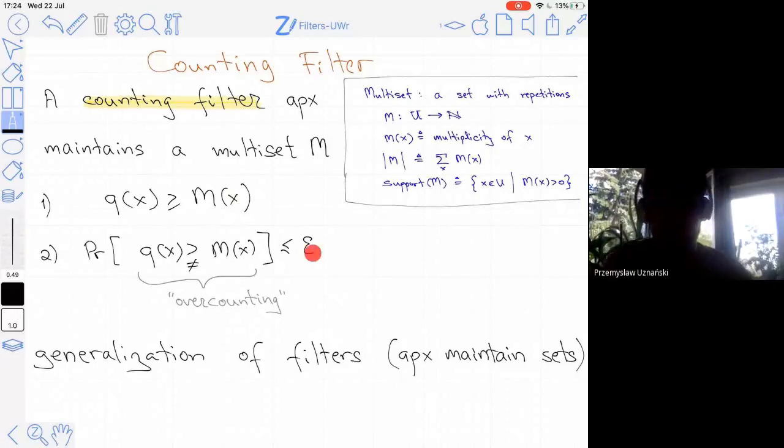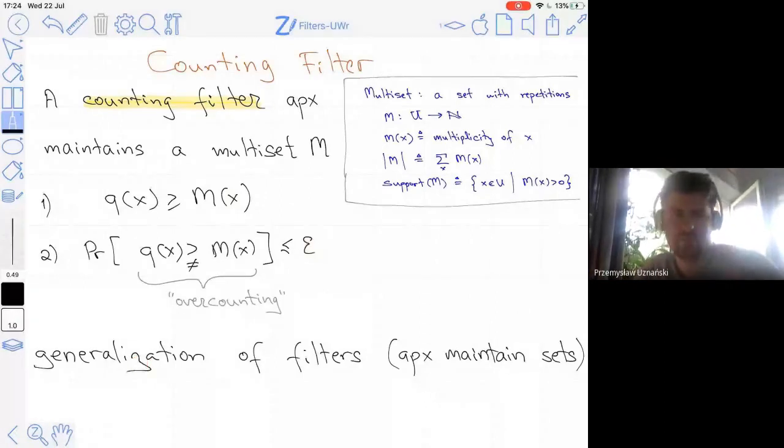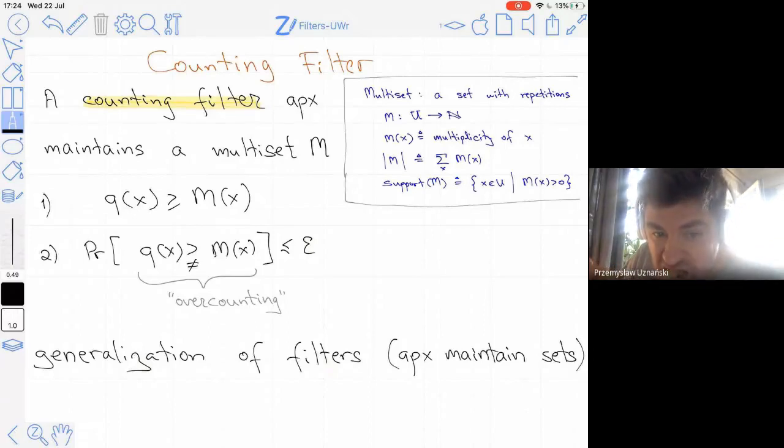And this is exactly a generalization of filters that approximately maintain a set. Any questions about what a counting filter is? Okay, so if an element has multiplicity 5, a counting filter is allowed to answer 6, but that would be considered like a false positive. Okay, good.